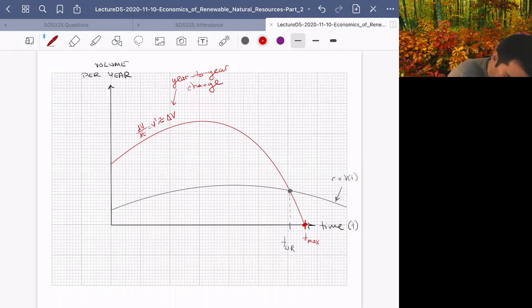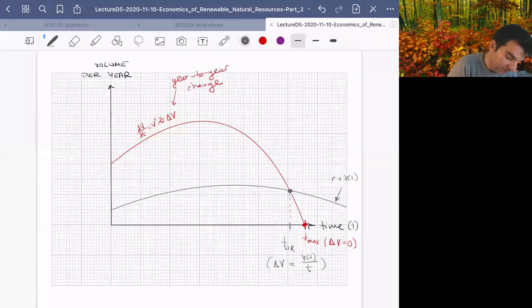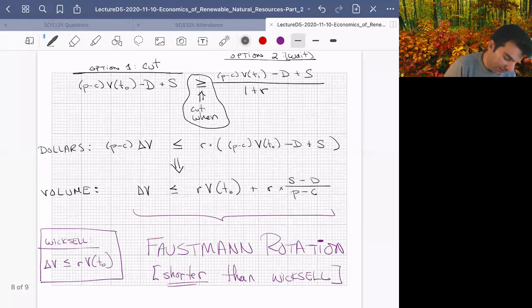And so that occurs where delta V is equal to 0. And then the Wicksell rotation occurs where delta V is equal to V of t over t. And then our Faustmann rotation, and I guess I should copy that. Maybe I'll just copy that in this condition here.